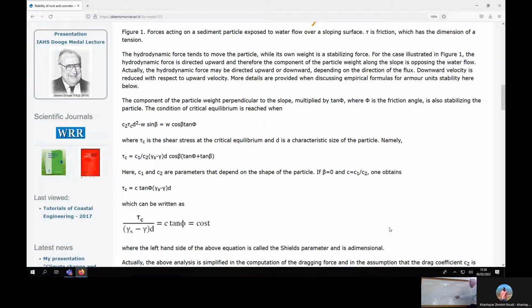So, if we knew this constant, given the gamma s and gamma values and a representative dimension of our unit, I can estimate the critical value of the shear stress. So if I were able then to compute the shear stress depending on the wave forcing, this formula would allow me to make the verification of stability.